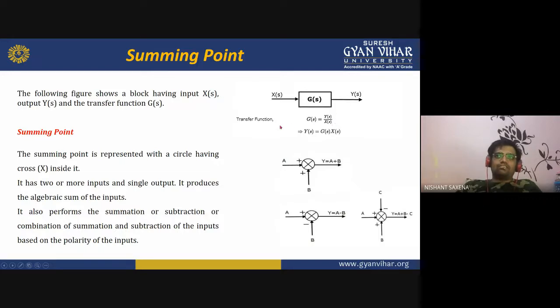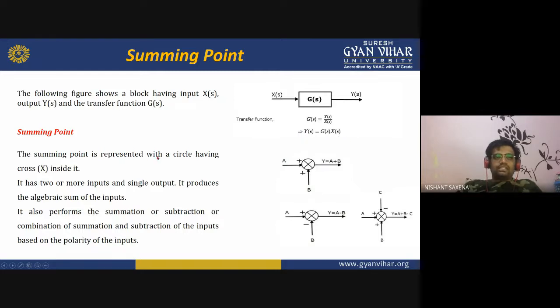That means the transfer function is the ratio of the output upon the input, that is Y(s) equals G(s) into X(s). That means the output equation is the multiplication of the transfer function with the input.